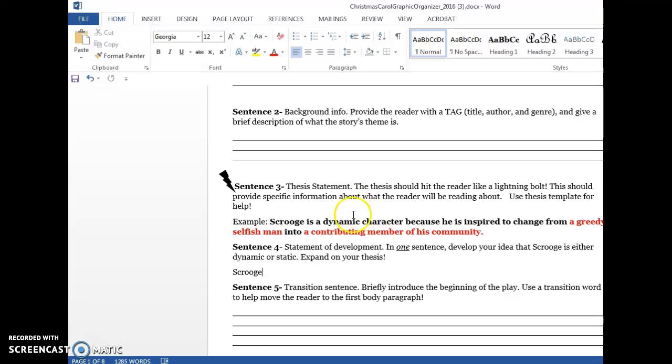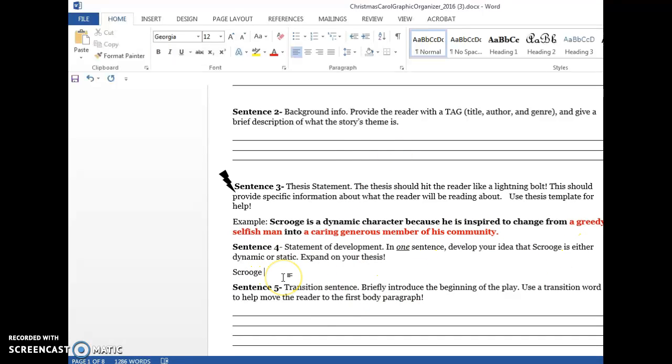So I have my thesis here. Scrooge is a dynamic character because he is inspired to change from a greedy, selfish man into a caring, generous member of his community. Why or how does he change? What are the reasons?